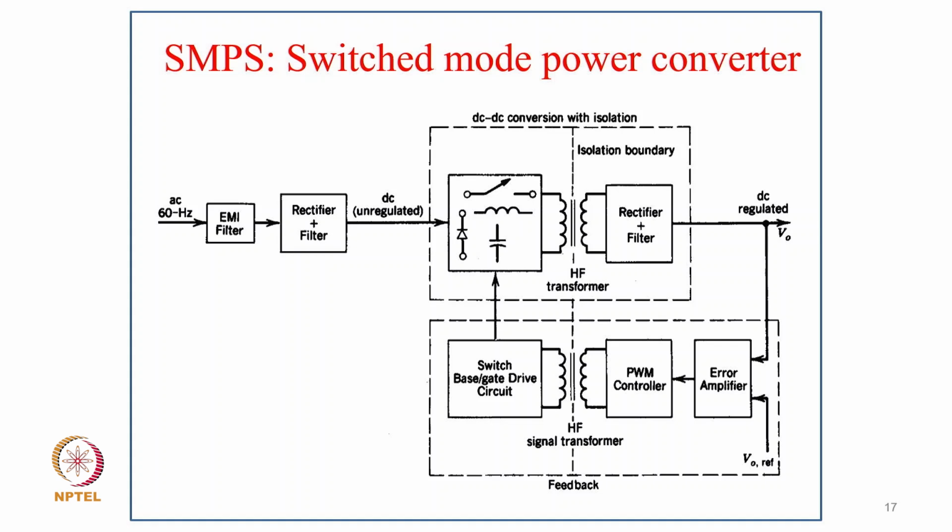We have a 50 or 60 Hz supply with an EMI filter, then a rectifier and filter, then unregulated DC, which we give to the DC to DC converter with isolation. Here we convert this unregulated DC to high frequency AC with the converter, and then we have a high frequency transformer. On the secondary, we have a rectifier plus filter, and the regulated DC output voltage we give back for feedback.